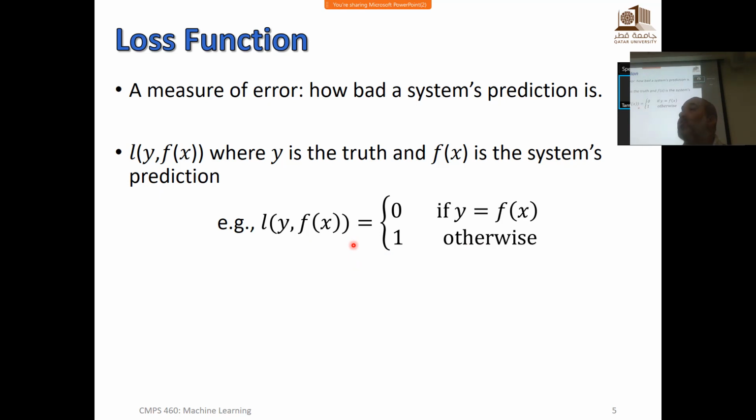It's not good. Why? Because, for example, if he's 35 years old and the model predicted 34, it will give 0. So whenever the two values are not the same, it will give 0.